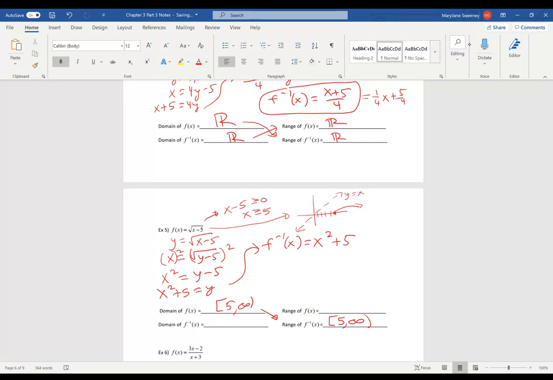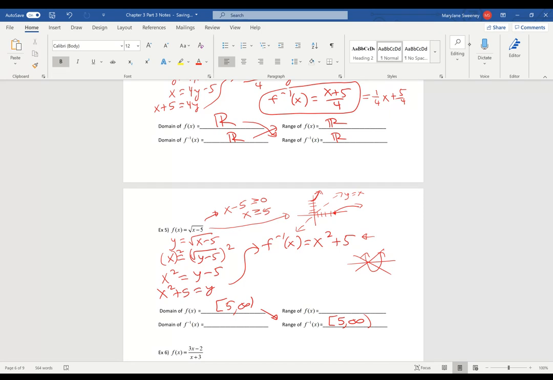So if I reflect this thing, it's going to look like this. It's just really going to be half of this parabola, not the whole thing. That's because a parabola does not have an inverse because it does not pass the horizontal line test. So we can't look at the entire parabola.